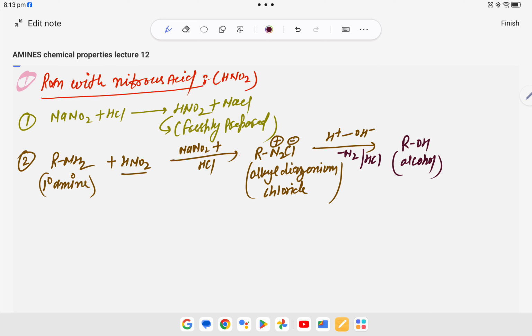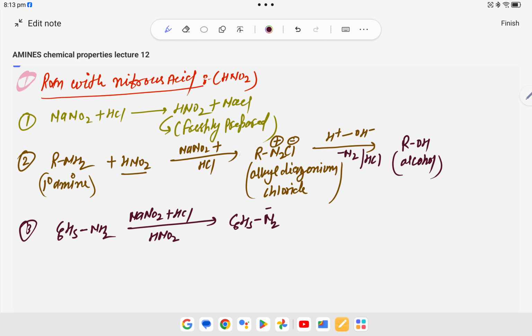Okay, so one more example. If C6H5NH2 is given, above the arrow NaNO2 plus HCl, from here HNO2 will be formed, and the product is C6H5N2+ Cl-. What is it?